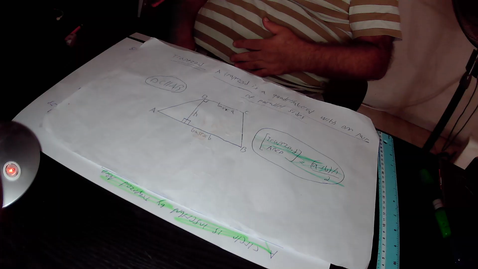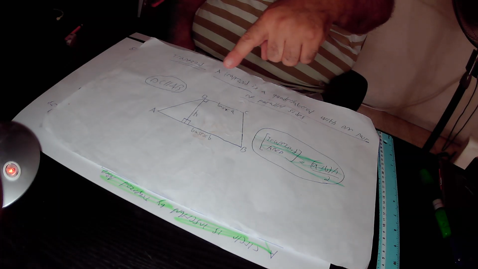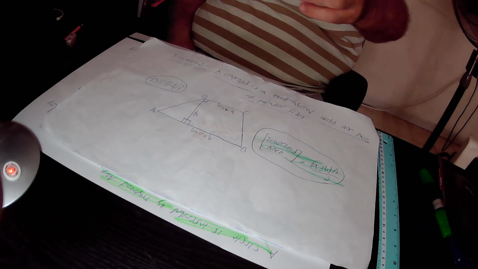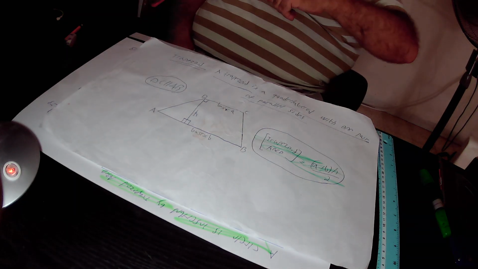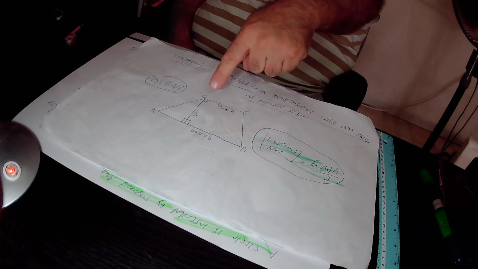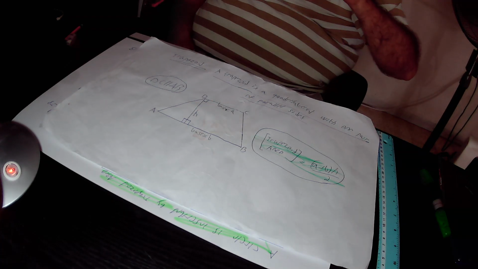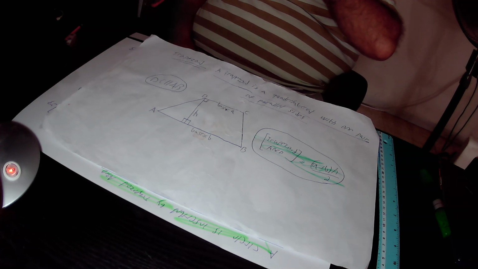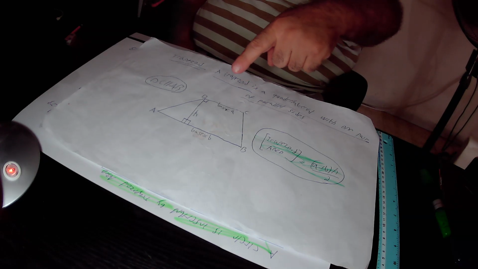So if we define the base DC as A and the base AB as B, that is to say the base AB equals B units in length, then the area of this trapezoid ABCD must be equal to the sum of its two parallel bases, that is A plus B, times the height over 2. The height must create 90 degrees with the two parallel bases. Again, the area of any trapezoid equals the sum of its two parallel bases, in this case A plus B, times the height over 2.